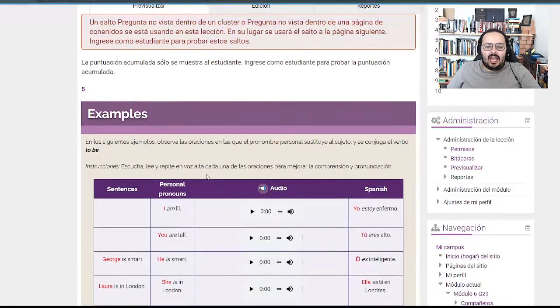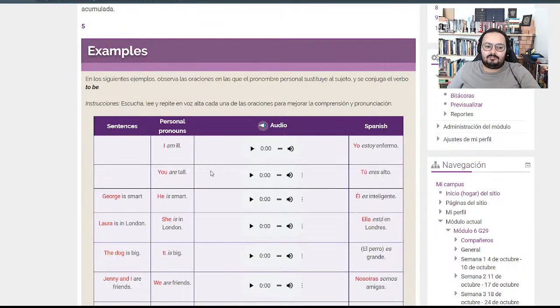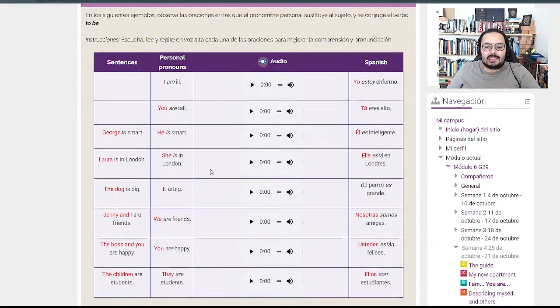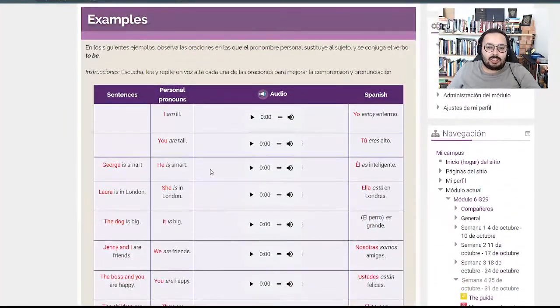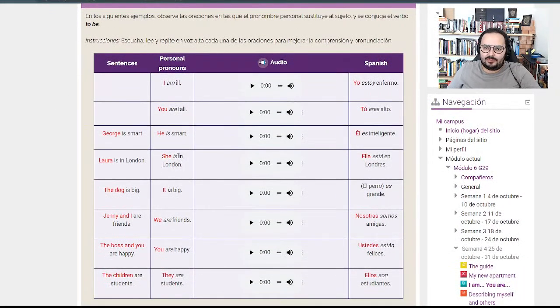Next, as in every structure in English, here we have some examples which are good. You have to practice them.